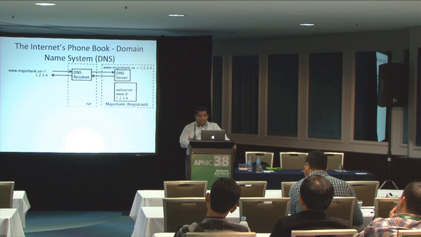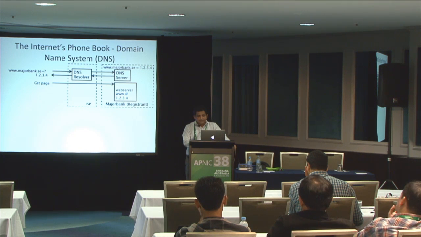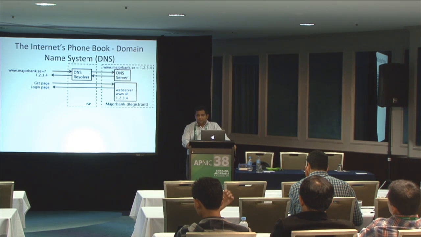So you get the IP address, and then you can go and talk to the bank web server and get the web page, okay? So that's a general day-to-day thing we might do, right? And then once we get into the bank web page, we might see probably a login page.